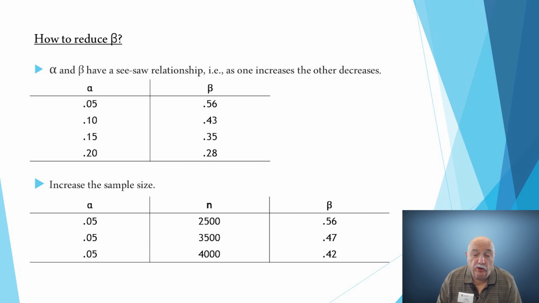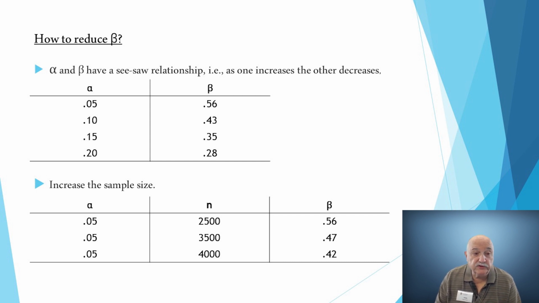Now, if I'm willing to give a little bit on the alpha level, I can improve the beta level. So if I move alpha to 0.10, a 10% chance of committing a type 1 error, then the probability of committing a type 2 error reduces to 0.43.